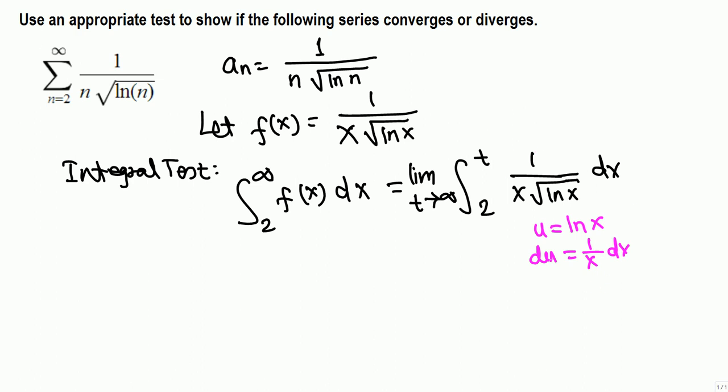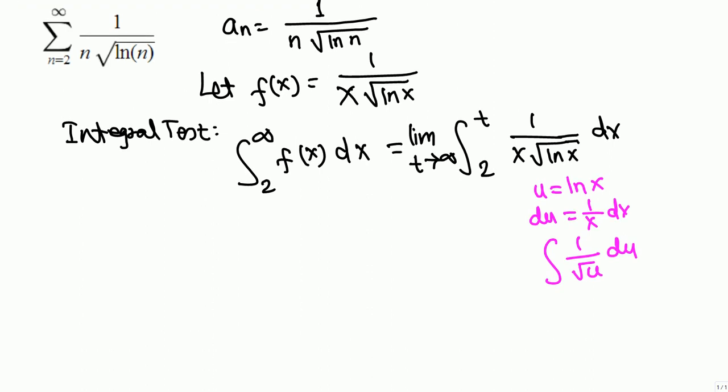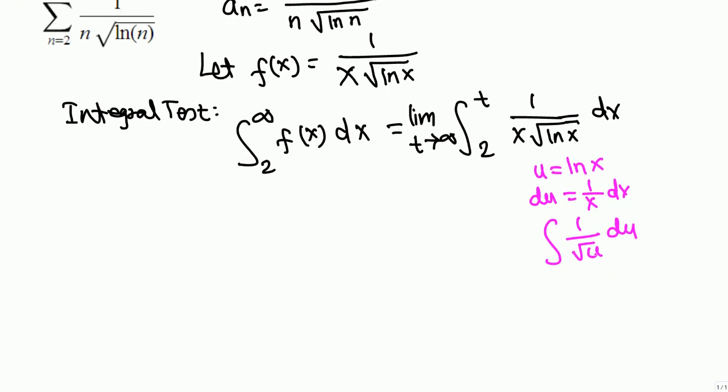Without any limits, we now have the integral of 1 over square root of u du. Let's evaluate this. U raised to 1/2 on the bottom, take this to the top, so u raised to negative 1/2. The antiderivative is u raised to negative 1/2 plus 1, positive 1/2, divided by positive 1/2, and the 2 goes to the top, so 2 square root of u.